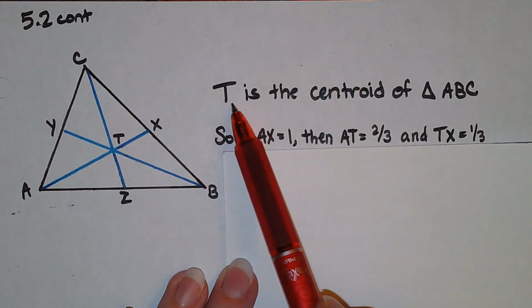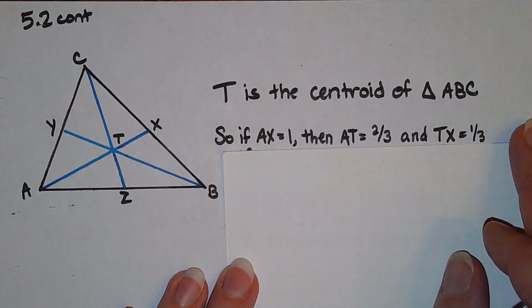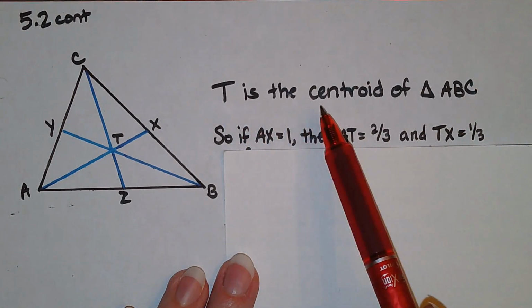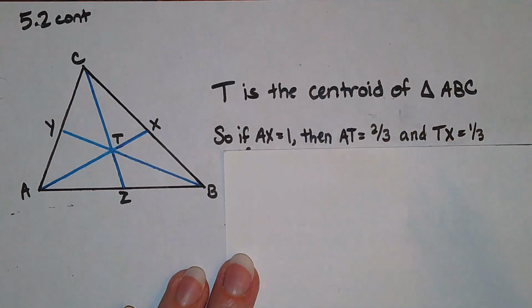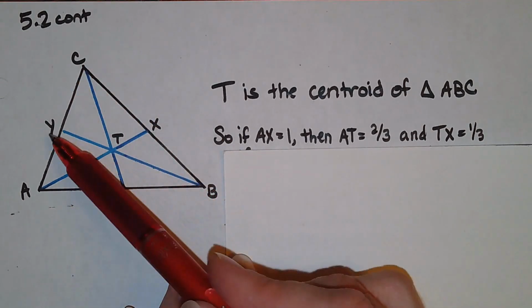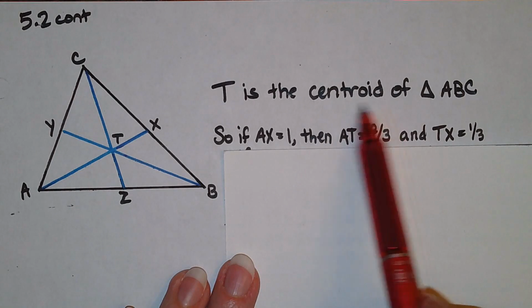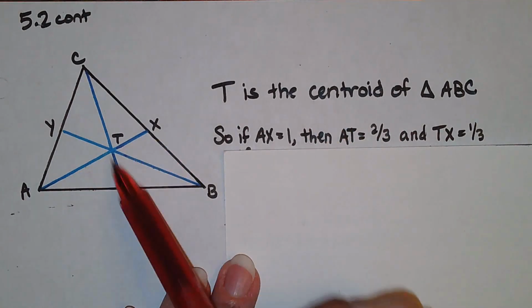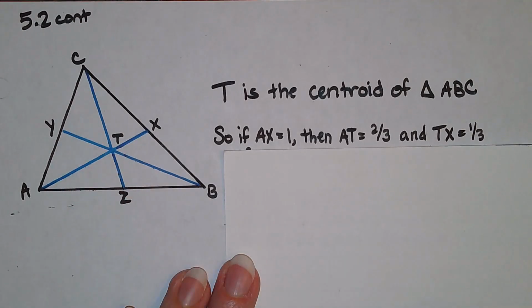First of all, it's going to tell us that T is the centroid of triangle ABC. With them telling you that it's a centroid, one of the first questions they might ask is, what type of segments are in this triangle? You'd have to remember that centroids go along with medians, so each of these segments is a median.